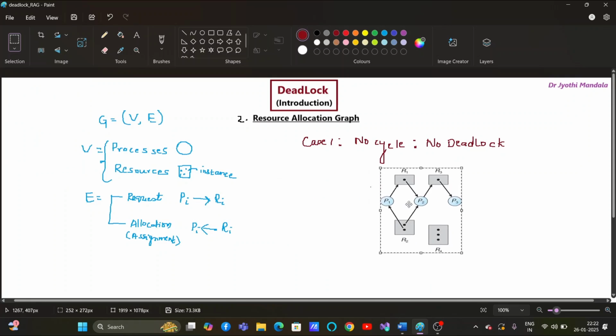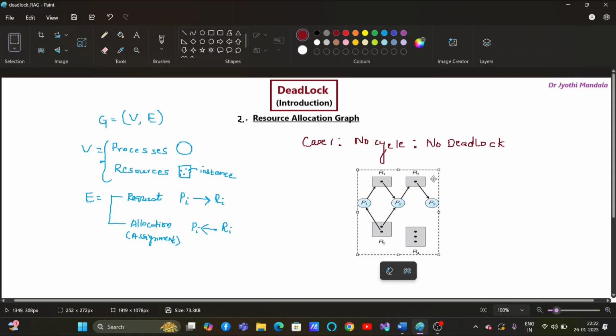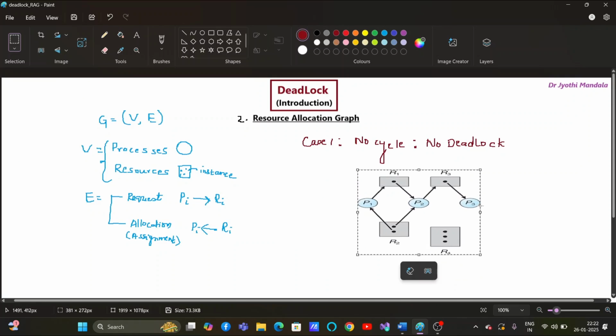See this graph. This is one resource allocation graph where we have some processes P1, P2, P3 and the resources R1, R2, R3, R4. Observe here that R2 has two instances, R4 has three instances, R1 has one, and R3 has one. Understand the terminology here.